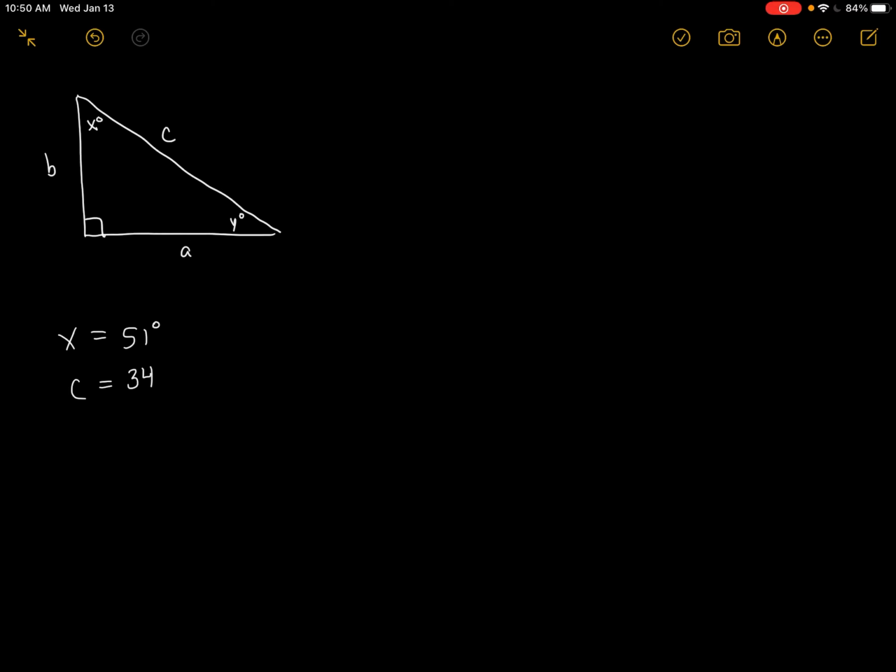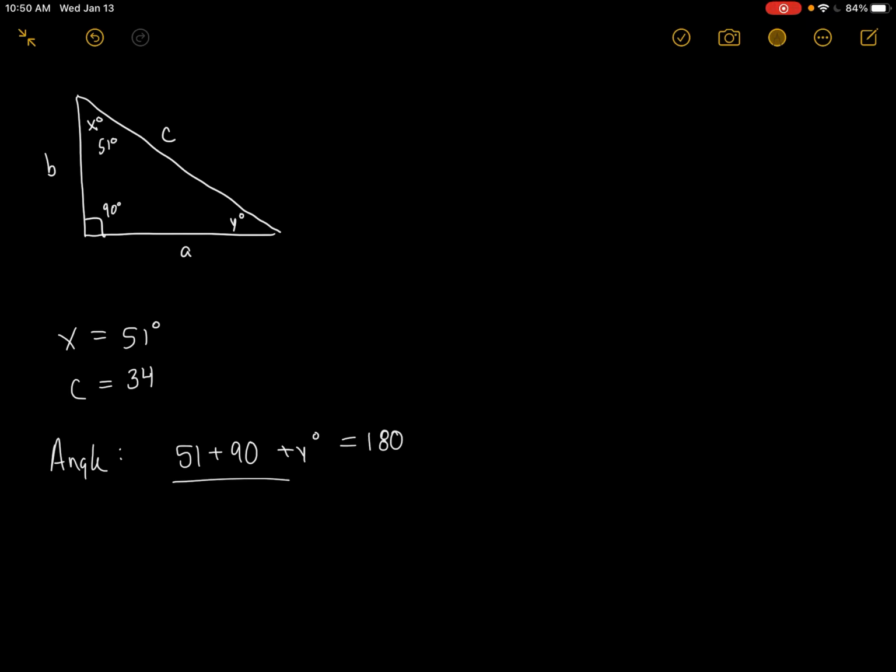Well, some things that we can do right away is we can solve for all of our angles because we know that this one is 90 degrees, and they just told us that this one is 51 degrees. So for the angles, we can use our angle sum theorem, which is 51 plus 90 plus y is going to give us the total of the triangle, which has to be 180.